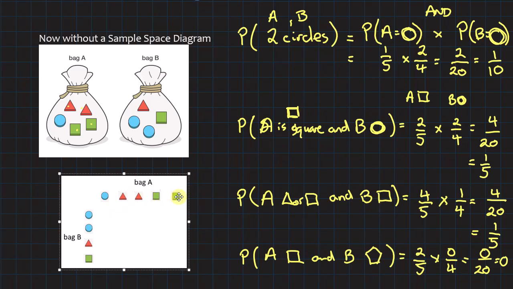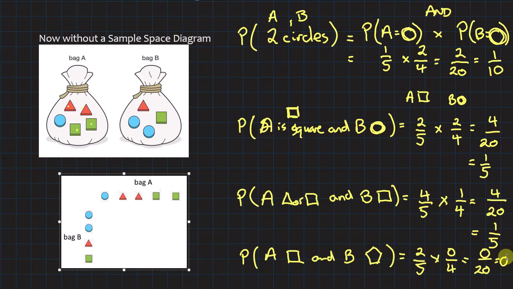So triangle and squares are these 4 places, and only a square from B. So I've got 1, 2, 3, 4. So now we have 4 places out of 20 is my probability. And the last one, anywhere where there's a square in bag A and pentagon, well, there's none. So we get a probability of 0.